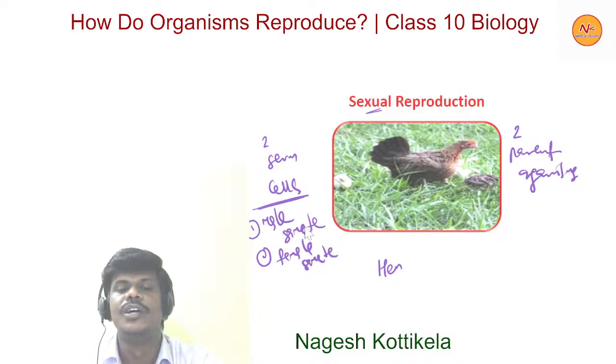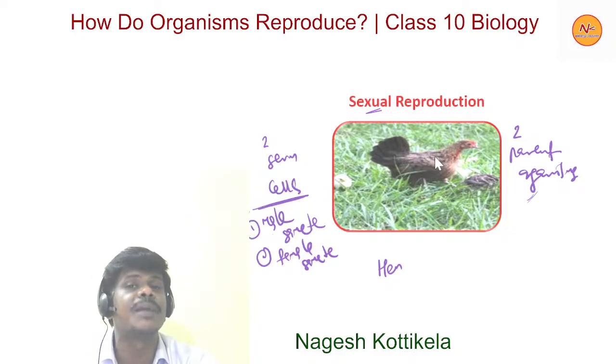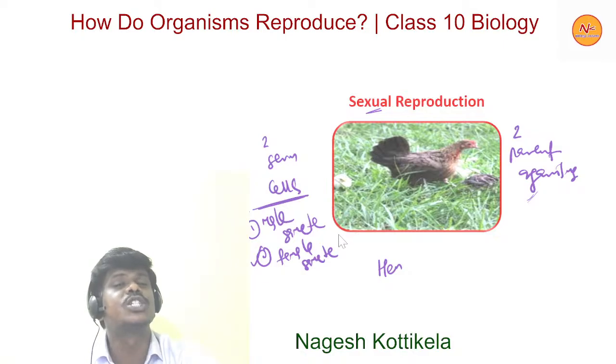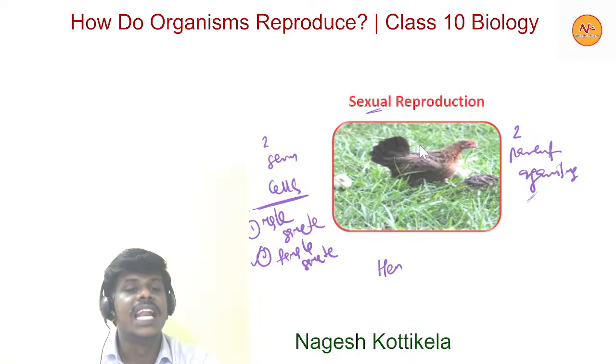The male parent produces the male gamete, the female parent produces the female gamete, and the fusion of these two gametes results in the formation of zygote. That zygote develops into embryo and then into offspring. So this is how sexual reproduction occurs in living organisms.